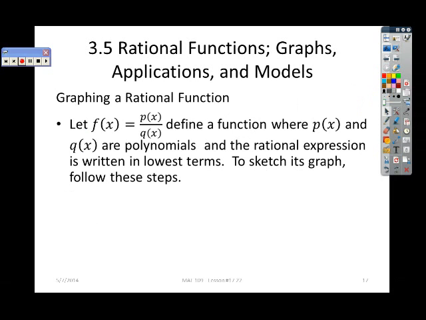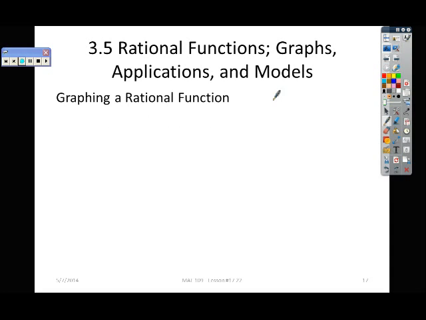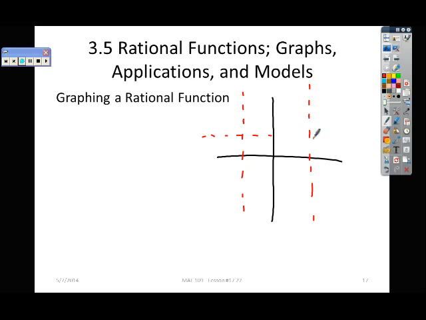How does the graph look? Suppose we had two vertical asymptotes there and a horizontal there. Your function might look something like this.